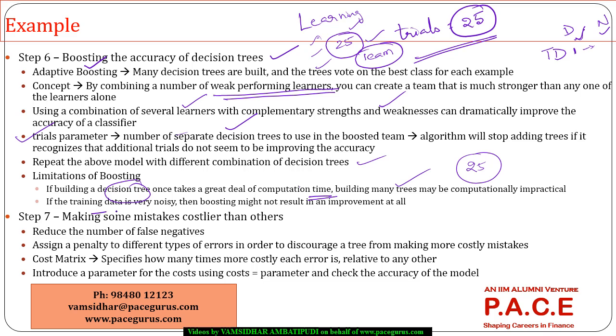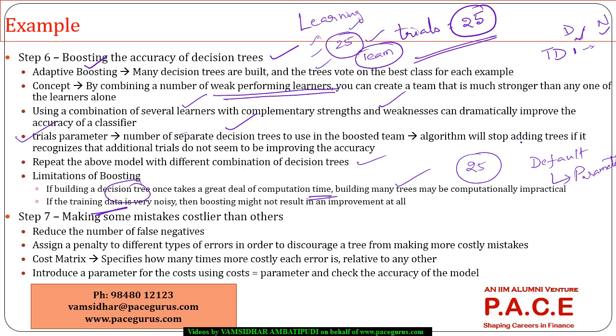If the training data itself is very noisy, very random, without much relation, just like the current data, where there is no relationship between default versus non-default and the various variables impacting the default, then even if you add 25 trees or 250 trees, the result may not improve anywhere.